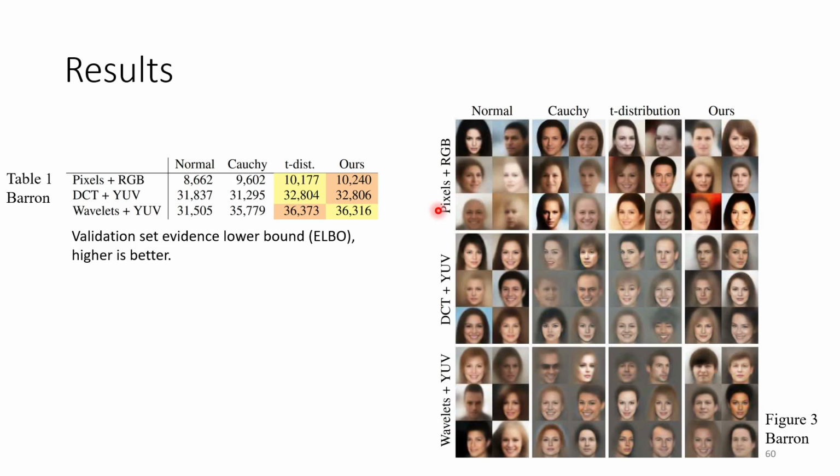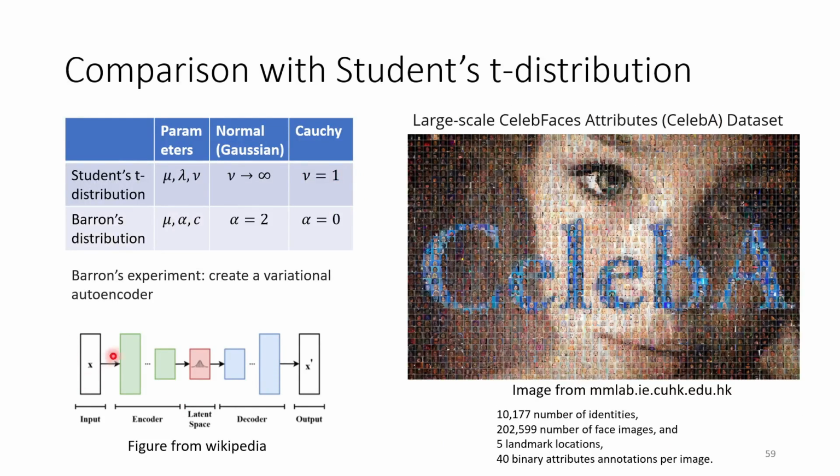Barron used the pixels. Pixels means the RGB values, in the RGB color space. This is the straightforward way. Given the image, it converts the image into a very, very long vector, and the elements in the vector are the pixel RGB values. So it will become the X of this autoencoder. So this is the X part.